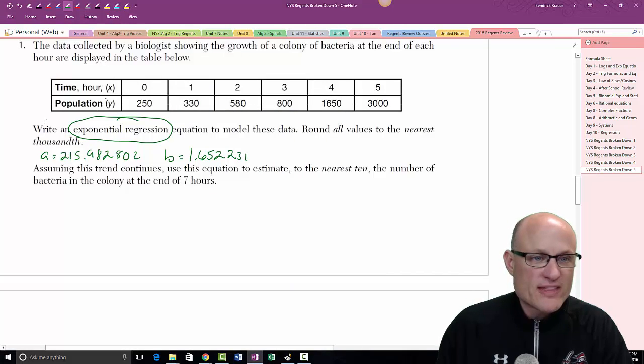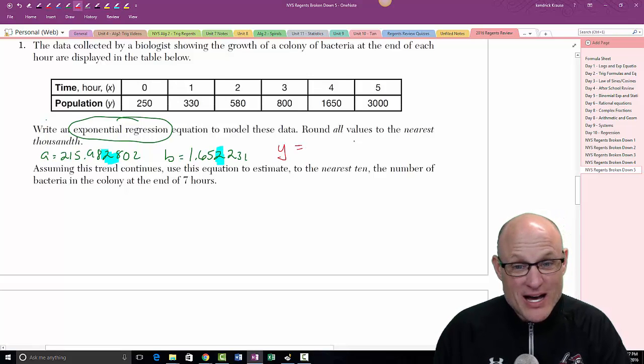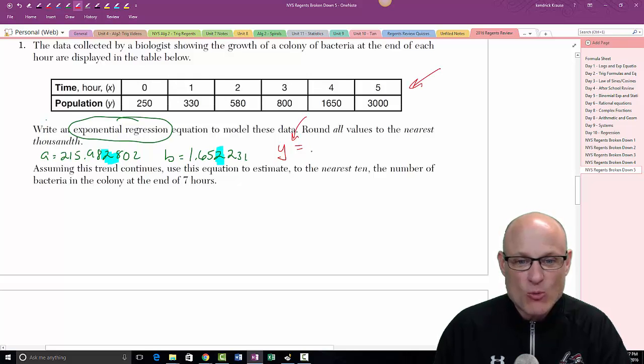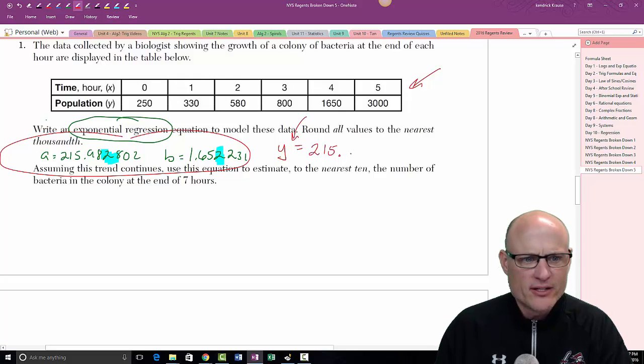And we want to round to the nearest thousandths place. And again, thousandths place is 3 decimals. Got a little bit of rounding to do. So I end up with y equals, don't forget the y, second biggest mistake. First is not typing in the numbers right. Second is forgetting that y. y equals 215.983. I've actually had kids write this perfectly over here and transpose it wrong. Don't do that either.